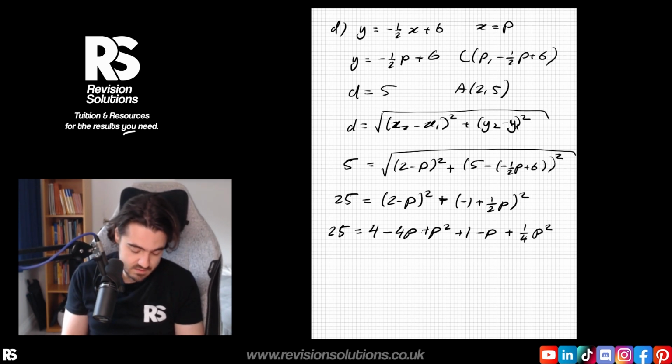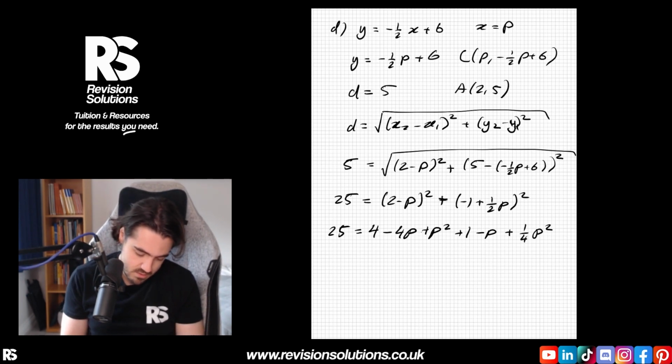And now we just have to start collecting our terms. So p squared plus a quarter p squared, that would be 5 quarters p squared. Then we've got minus 4p minus p, that's minus 5p. And then over here we've got 4 plus 1, which is 5, but we've got to take away 25 from that, so it's going to be minus 20, which will all be equal to 0.